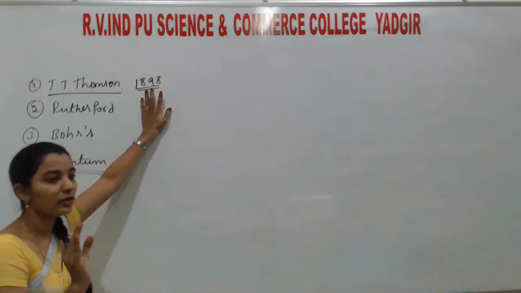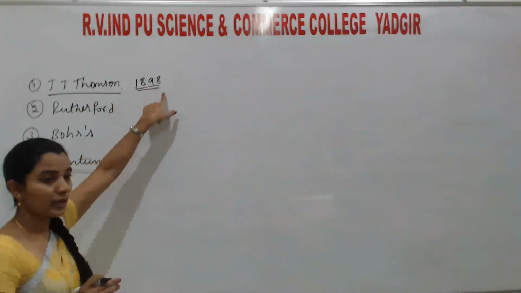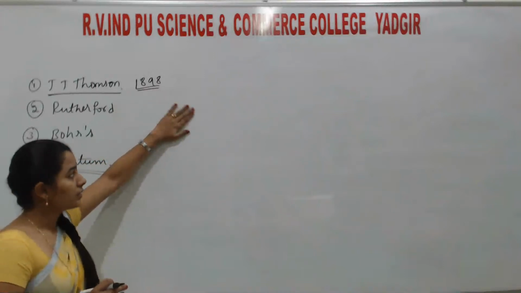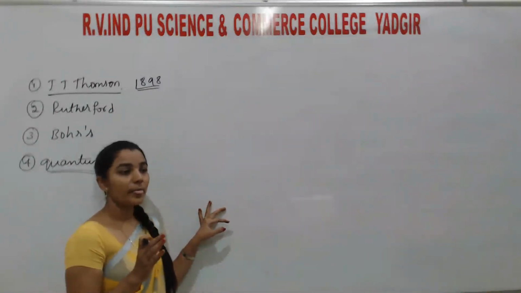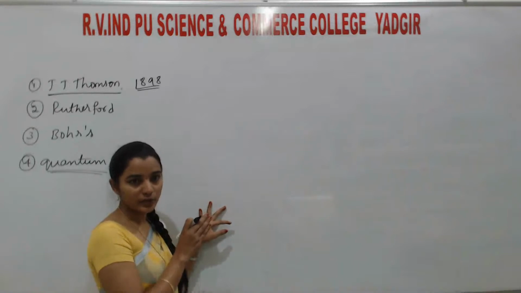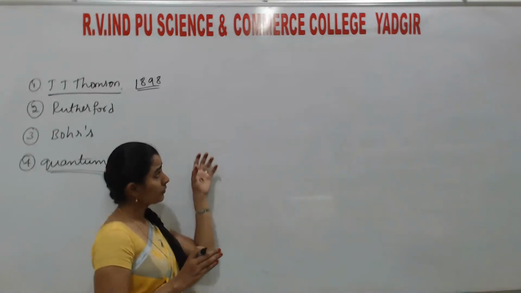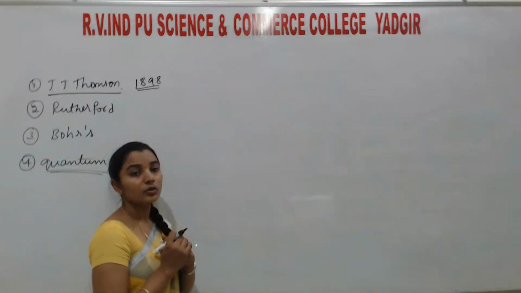Only protons and electrons were discovered when he suggested the atomic model. Understood? So what he considered is an atomic model in such a way that the positively charged species are uniformly distributed throughout the atom.